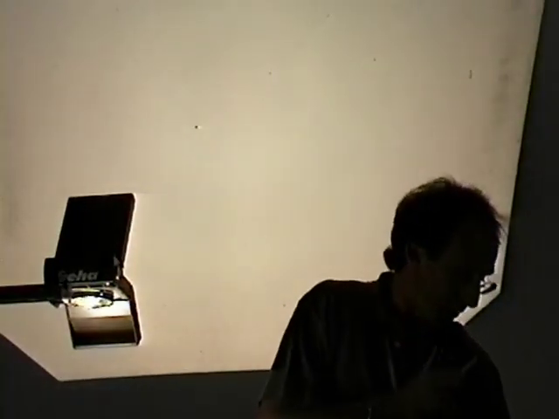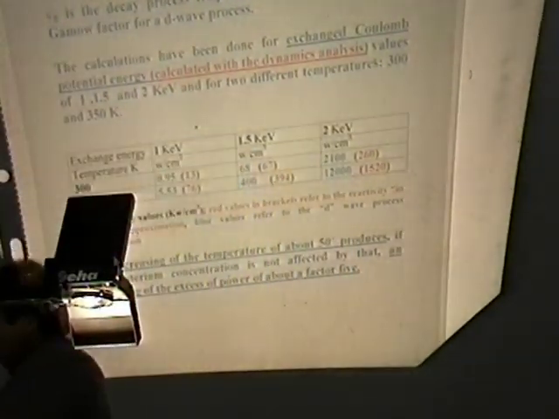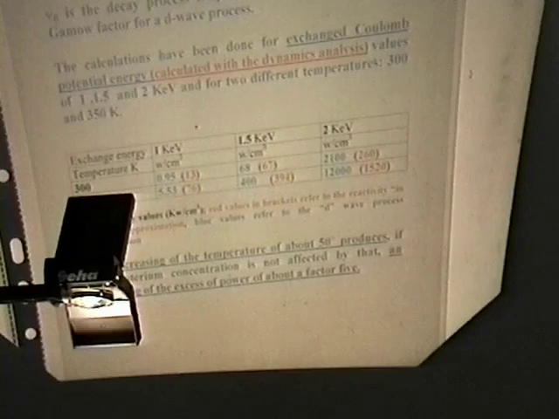The other possibility is to apply the relationship proposed by Giuliano, including this effect of the effective collision and of the energy required to go towards the tetrahedral site, and accounting for a D-wave process through the Gamow factor.